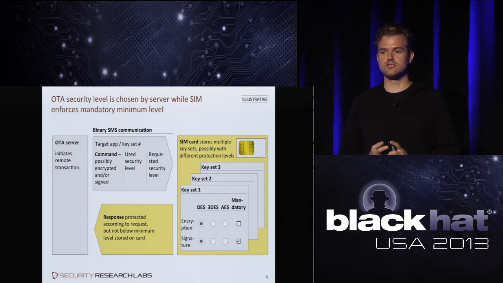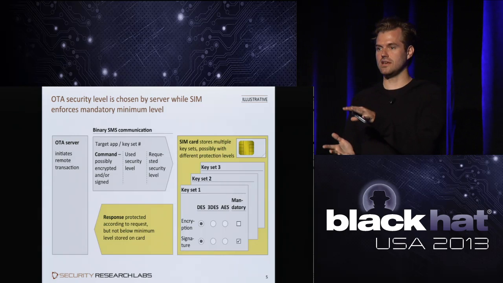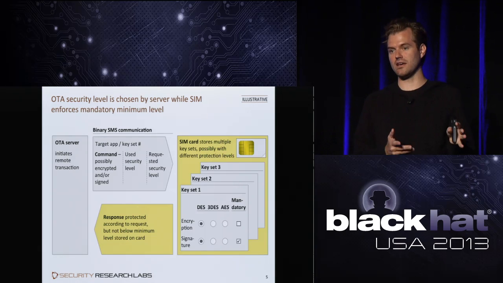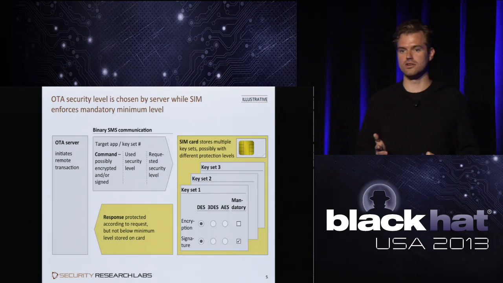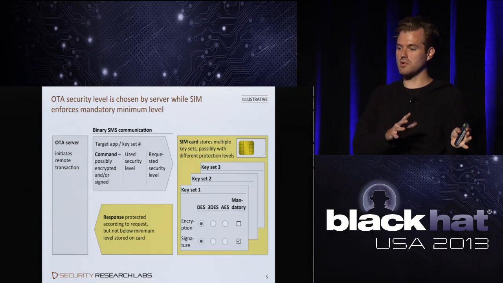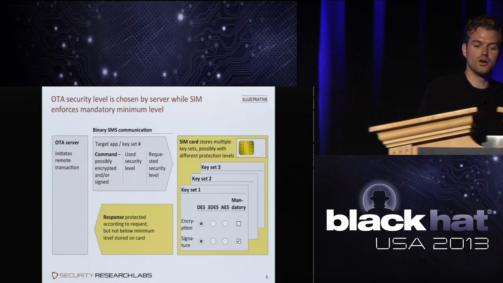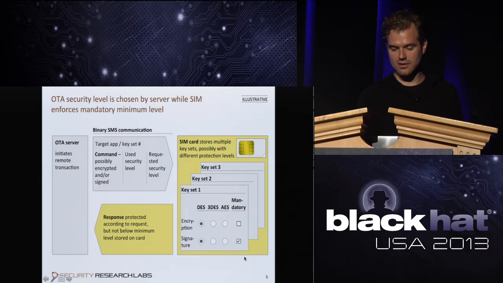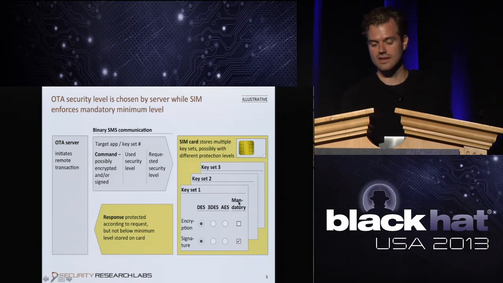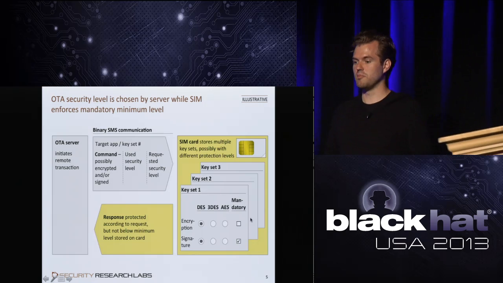So it really allows business cases where, for instance, the operator has a spare application with a couple of keys on it and then sells that to, let's say, a bank, and they would then deploy the banking logic onto this part of the SIM card, not affecting anything else, though. So the SIM card knows which type of security it can speak in terms of algorithms, and also it knows whether, for instance, signatures and encryption are mandatory.